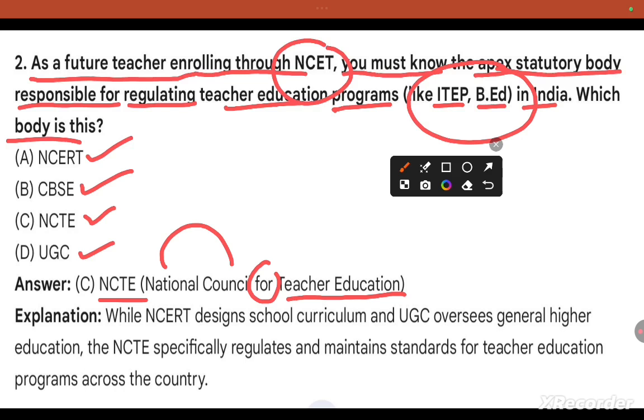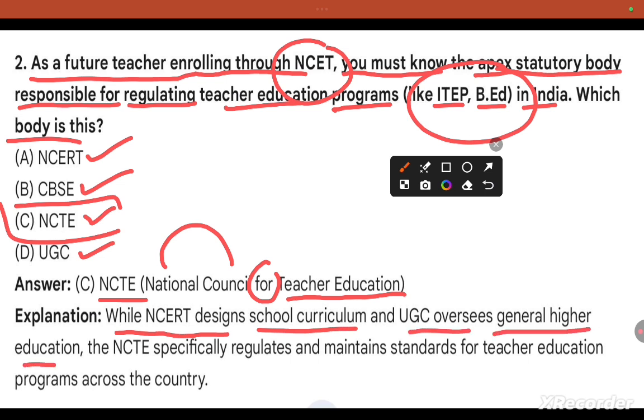While NCERT designs the school curriculum and UGC covers general higher education, NCTE regulates and maintains standards for teacher education programs across the country. So this is the answer.